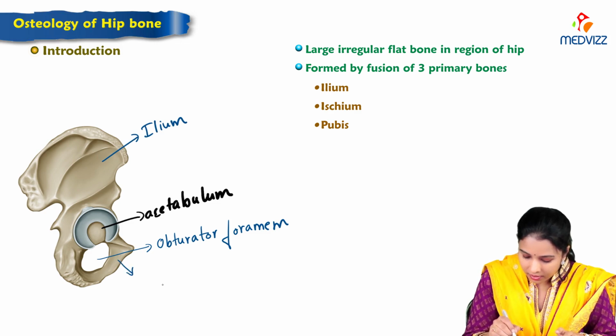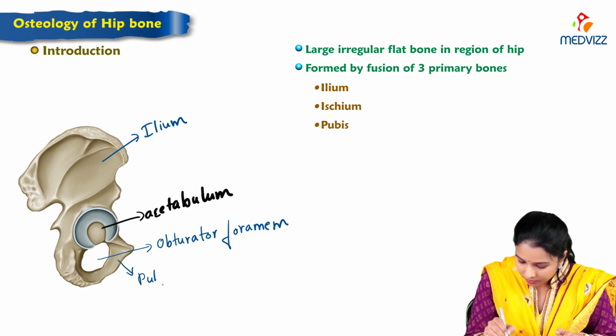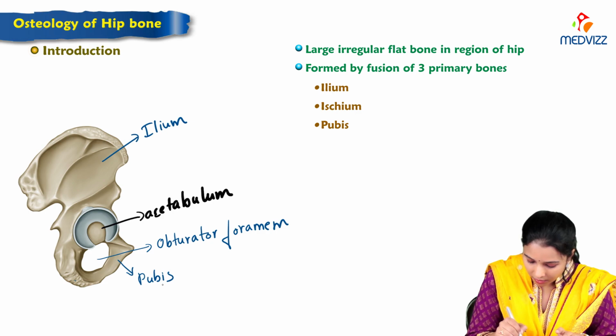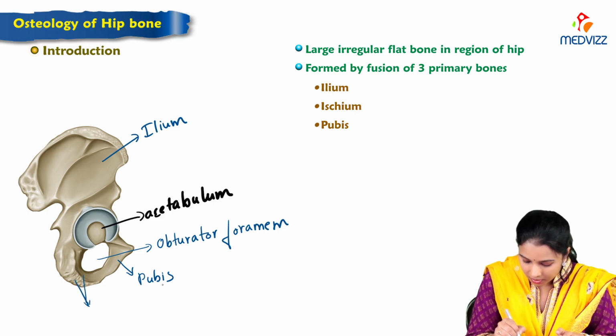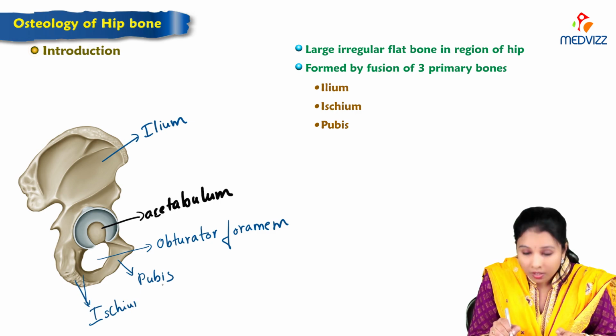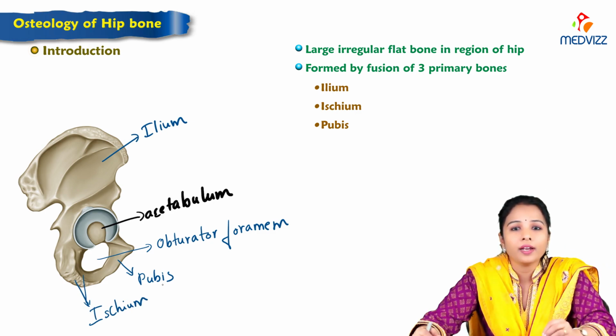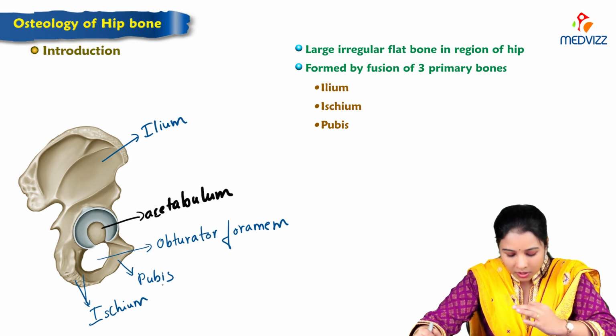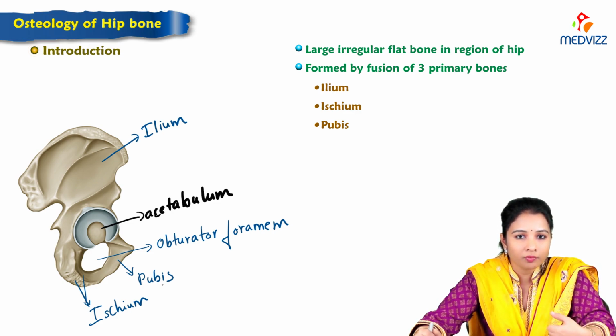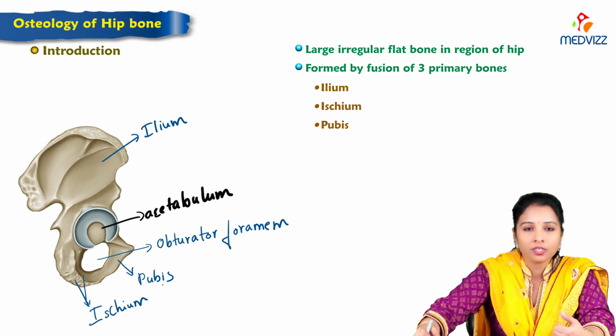This is the anterior side, pubis, and the posterior, this rough, thicker part is called ischium. The part anterior medial to the obturator foramen is called the pubis, and the part which is posterior inferior to this foramen is called ischium.